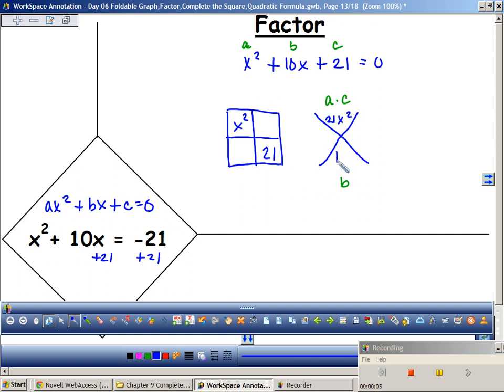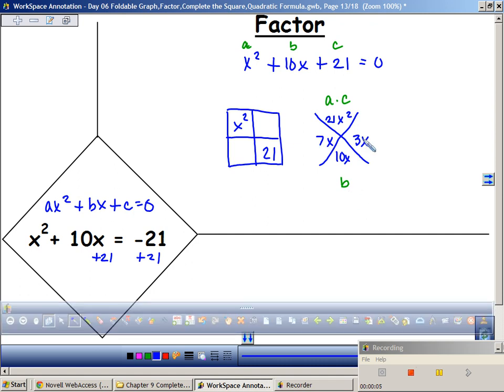B is what? 10x. What two numbers, when I multiply, make 21x squared? How about 7x and 3x? When I multiply 7x times 3x, I get 21x squared. When I add them, I get 10x. So let's put these in here.